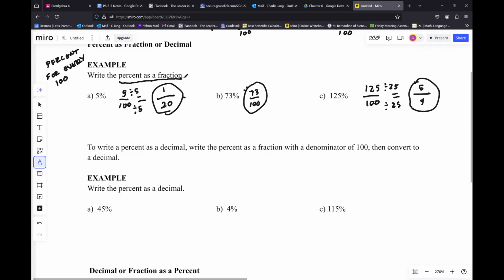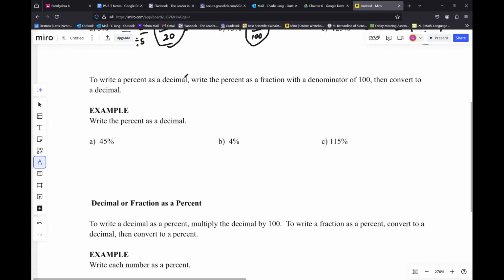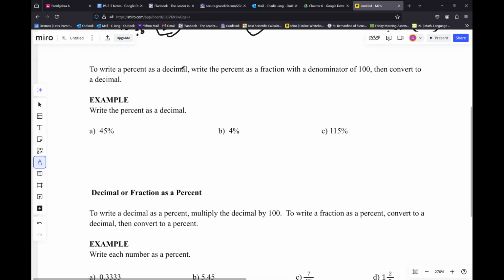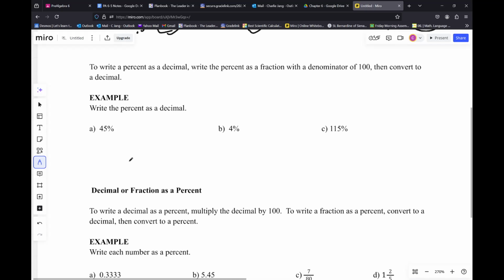All right, how do we write this as a decimal? Actually, as a decimal, it is even easier, guys. And the way we do this is the following way. Remember that percent means over 100, right? So we are saying 45 over 100. So this is just like if we're writing it as a fraction, but you need to understand what this means.